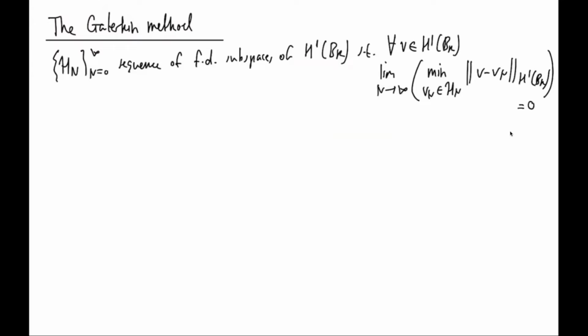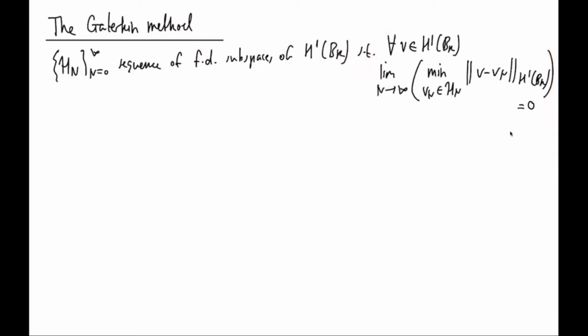Like I said, this is just the idea that these finite dimensional subspaces fill up the space H1(B_R). The fancy terminology for this is that the subspaces are asymptotically dense in the original Hilbert space.